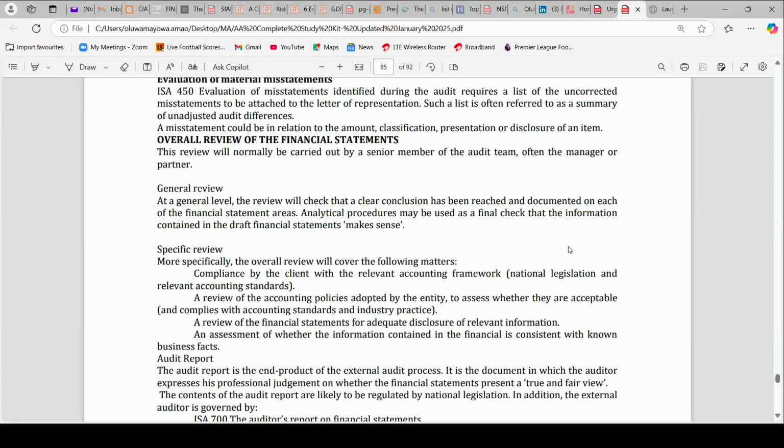The third thing the standard says is that the auditor should communicate all those misstatements to an appropriate level of management. What do we mean by appropriate level of management? If the misstatements were found in, let's say, the treasury unit of the finance department, he will communicate it not to the head of treasury, but rather to the head of finance.